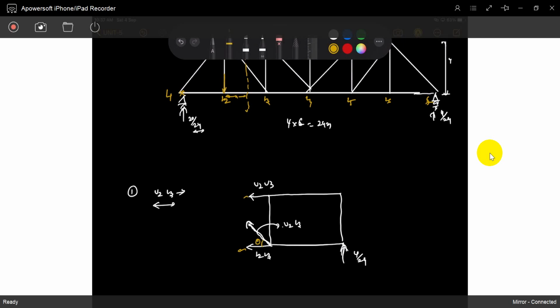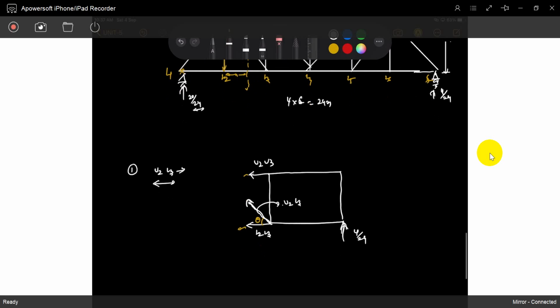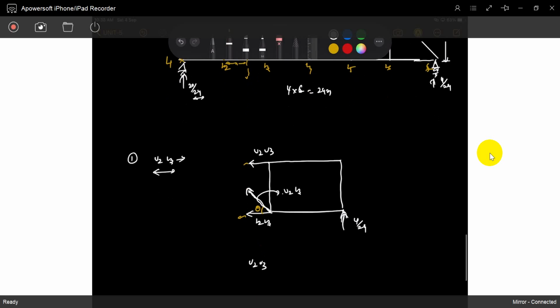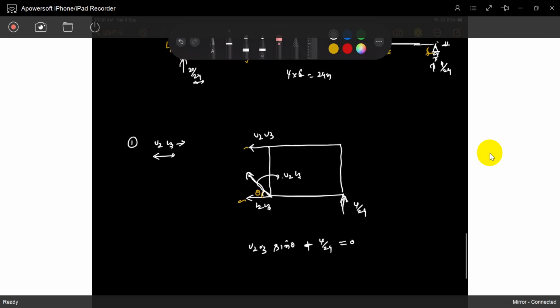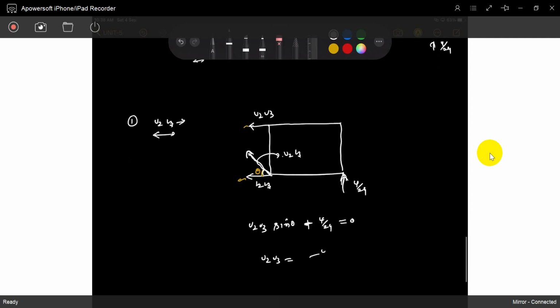This is theta. U2 L3 sine theta, and sine theta is 4 by 24. So U2 L3 sine theta plus 4 by 24 is equal to 0. So U2 L3 is minus 4 by 24 cosec theta.